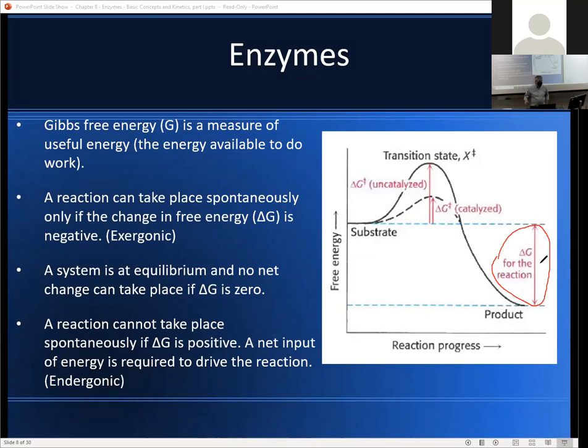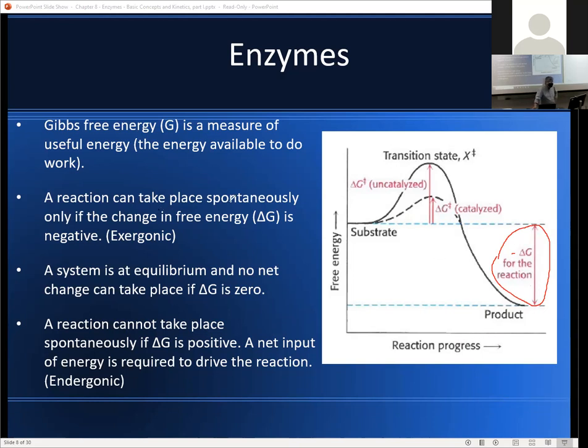Because the free energy in the product is lower than the free energy in the substrate, delta G is going to have a negative value. Negative delta G means that we have an exergonic reaction. In other words, exergonic is energy out. And also, when we have an exergonic reaction, these reactions will tend to happen spontaneously.